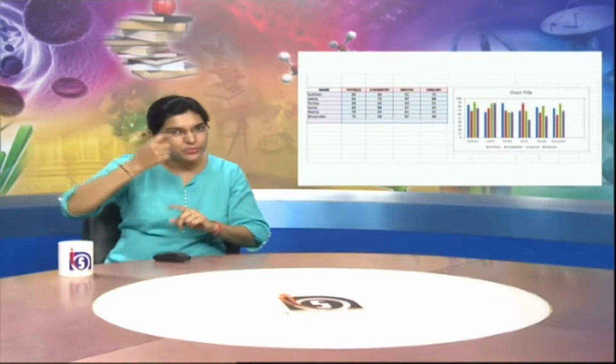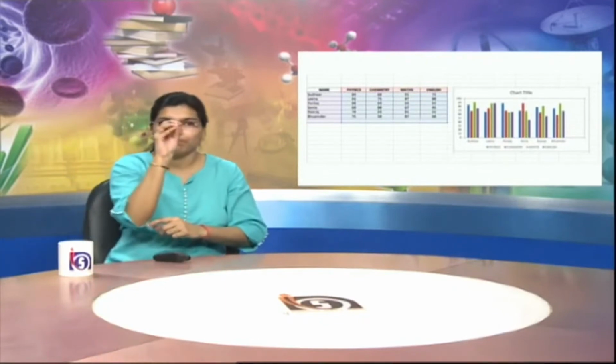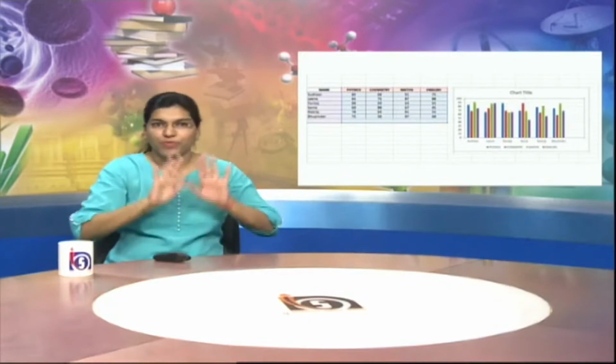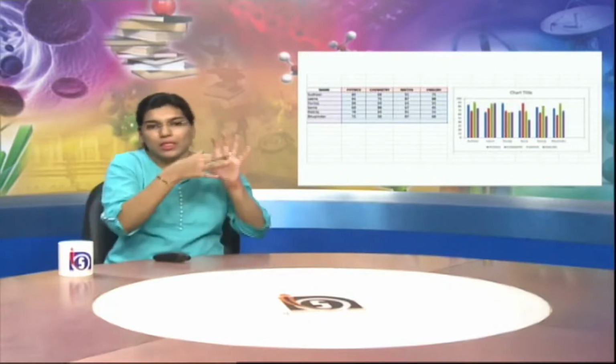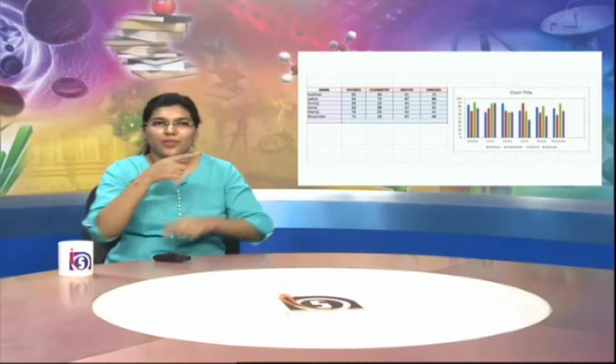I hope you understood. Similarly, students' names are written and science, physics, chemistry, mathematics, English, all the students' marks are written there, and then you click, then automatically that graph would be presented in color format that you can see on the screen.